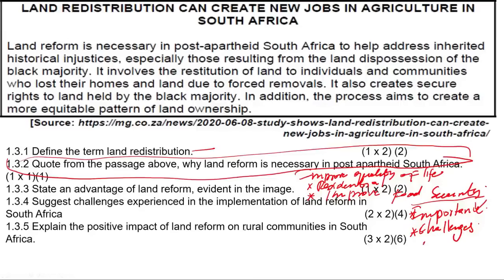Explain the positive impact of land reform on rural communities in South Africa. We said this question and the previous question have the same advantages. What will be the positive impact? Number one, people can grow food, which is going to improve food security because people have land. Number two, people can also benefit from owning the land.